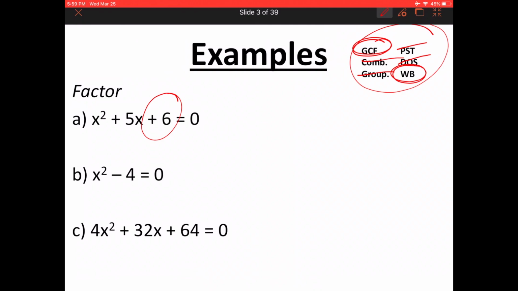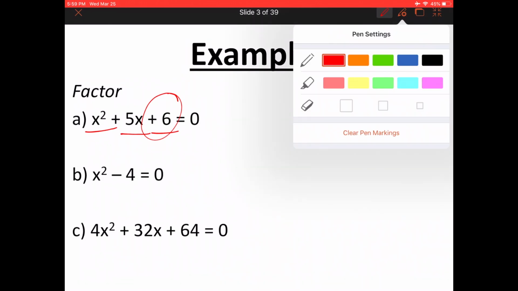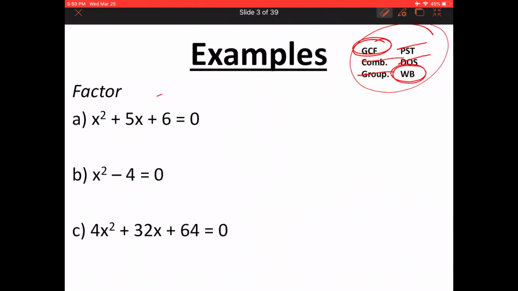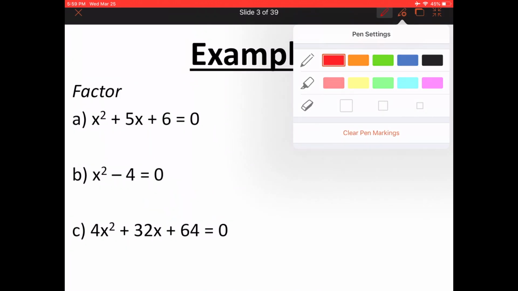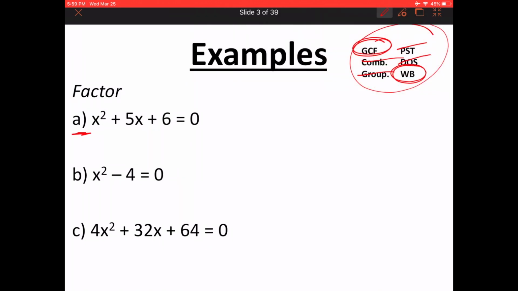Now for GCF, I can take a look at each of these terms to see if they share any factor. I don't see that they share any factor, but what I do see is that I have a trinomial and that there's no coefficient in front of that x squared. So I'm not going to GCF, and so my final method of factoring here for example A is going to be working backwards.